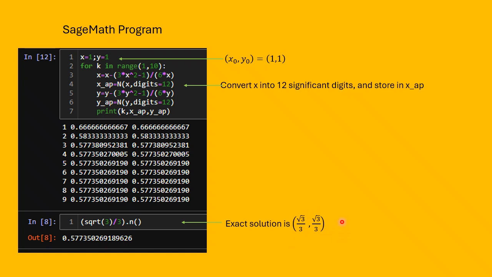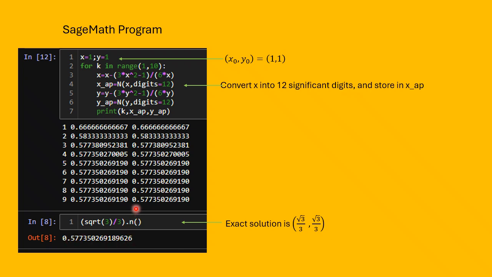Solve the system of two equations in x and y and show that one of the solutions is this. Now, the square root of 3 over 3, if we use Sage Math to print it out, is here, out to a certain number of digits.